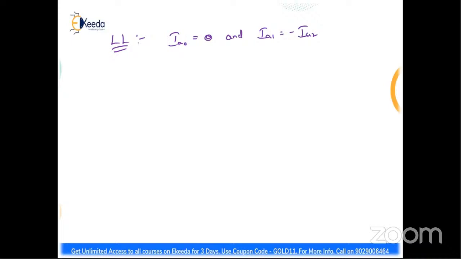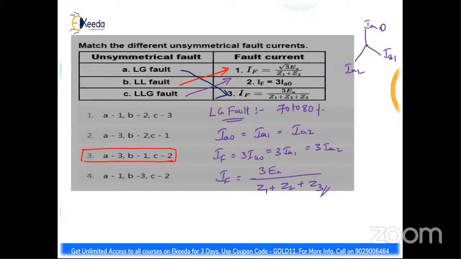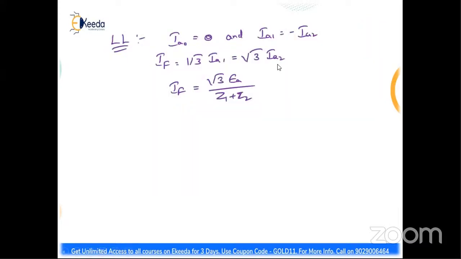We know that IF is equal to root 3 IA1, that is equal to root 3 IA2, right? Then IF is equal to root 3 EA divided by Z1 plus Z2. So this is the line to line fault: IF is equal to root 3 EA divided by Z1 plus Z2.